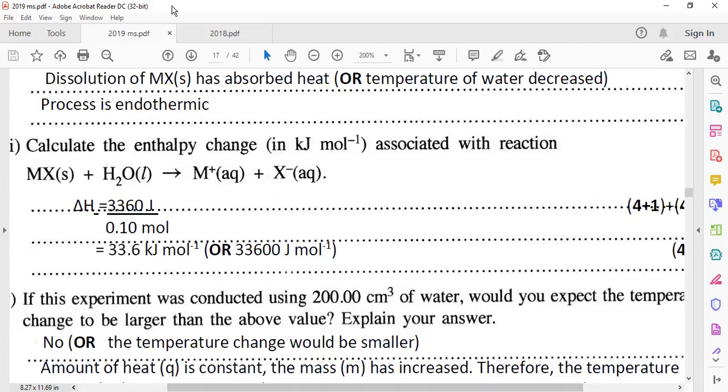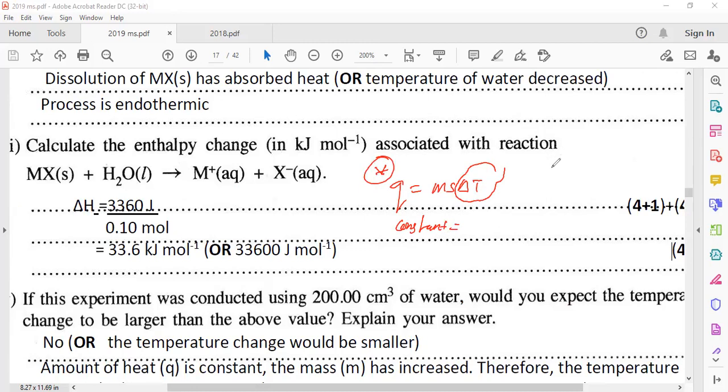Explain your answer. So actually, this is our equation, Q equals m c ΔT. They are asking about the temperature change, right? However, the heat is constant. When heat change becomes constant.